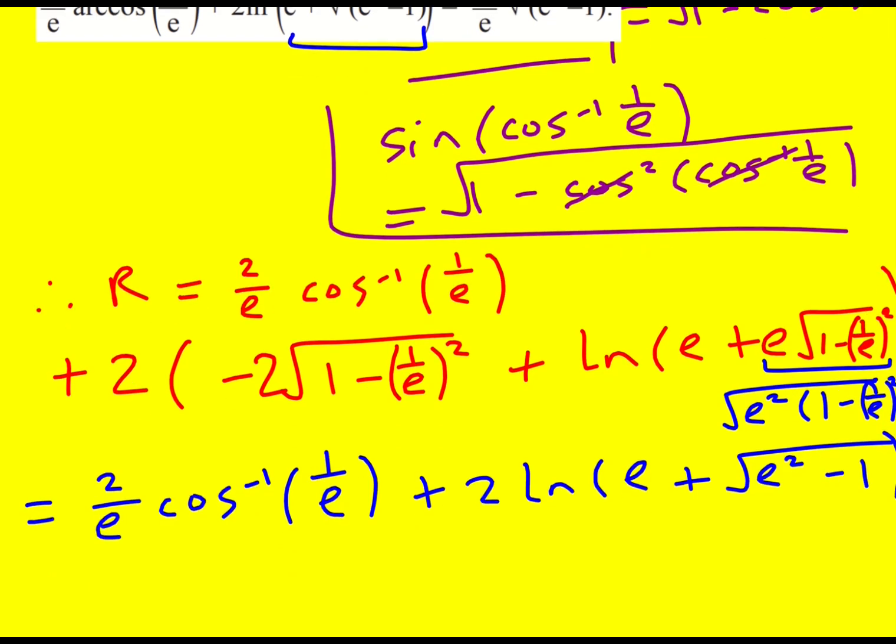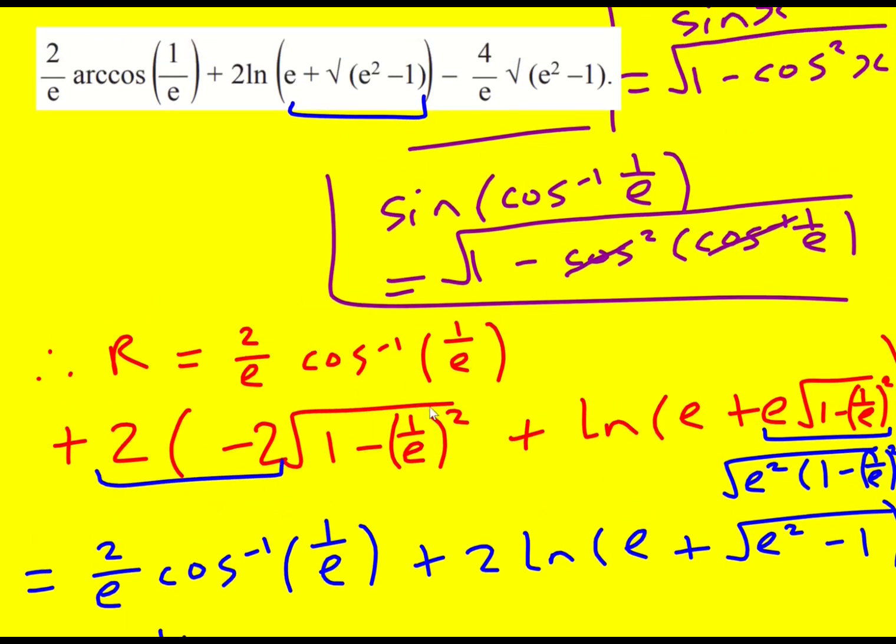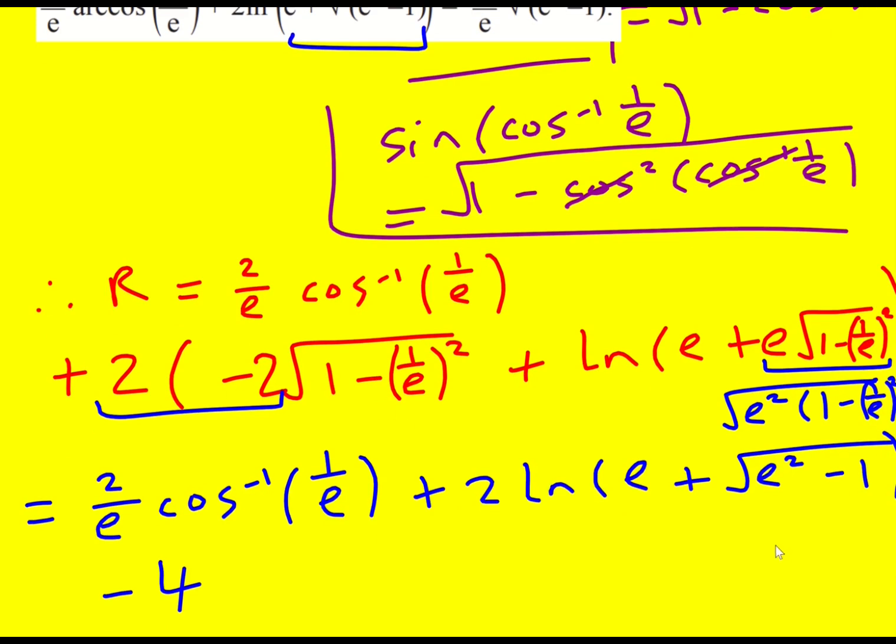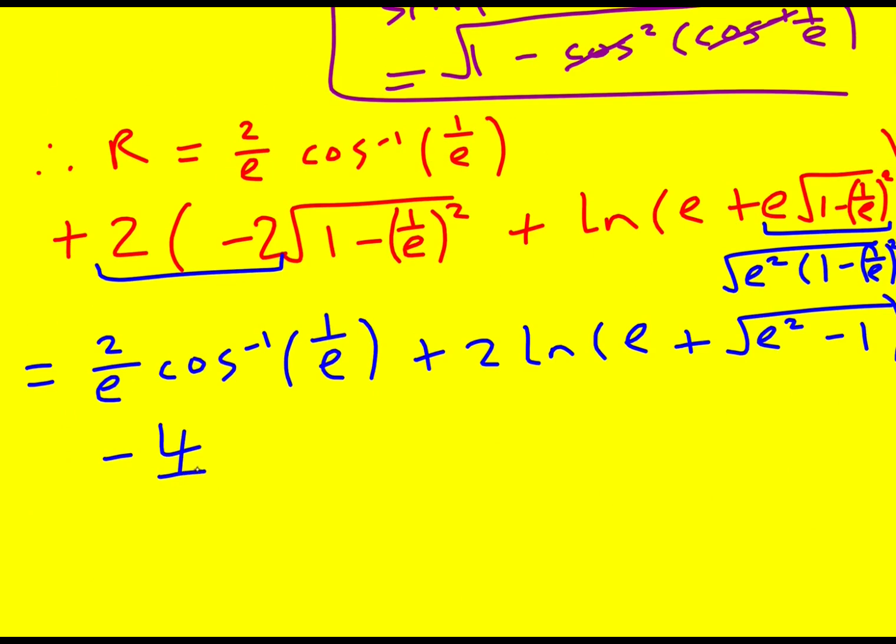Now I've just got this last term, minus 4 from here. And it looks like they factorized out an e, similar to how I times by e. So I'm just going to go straight for it. I can write it as 4 over e squared minus 1.